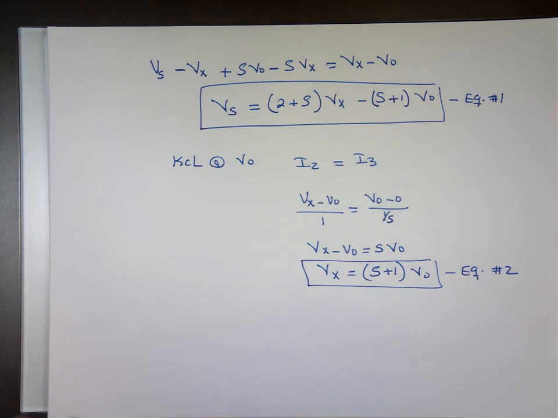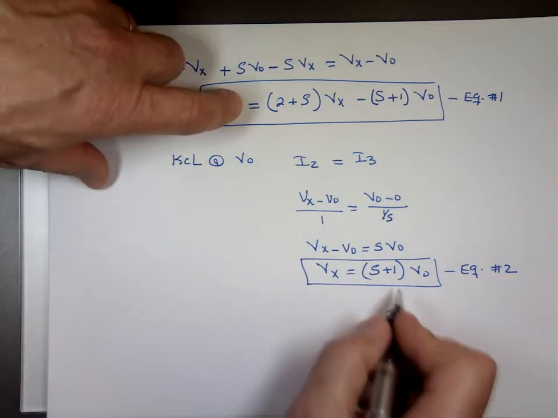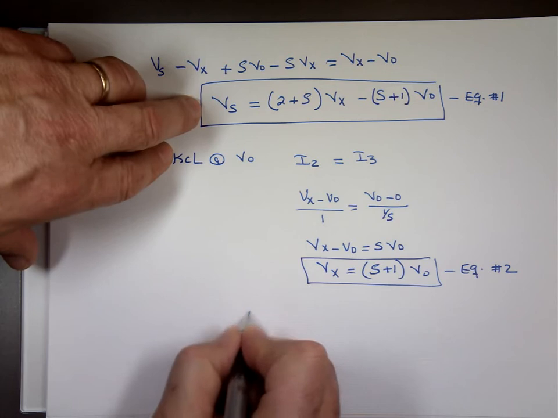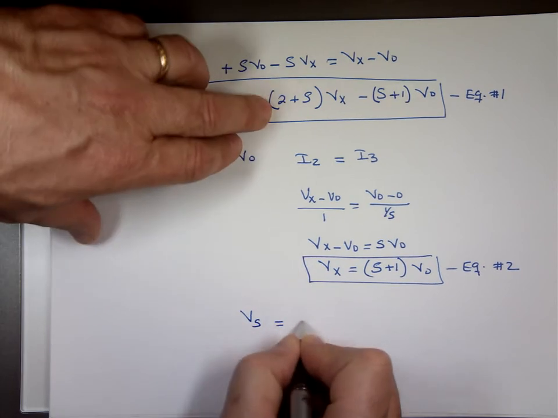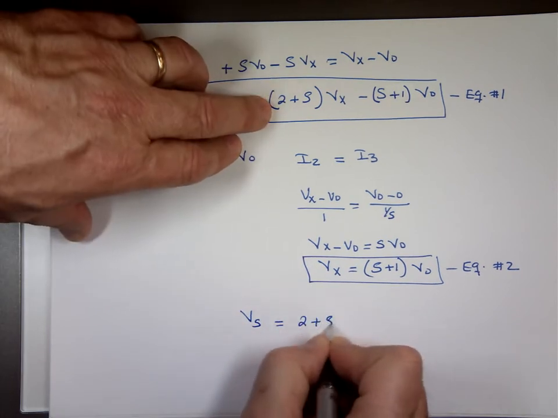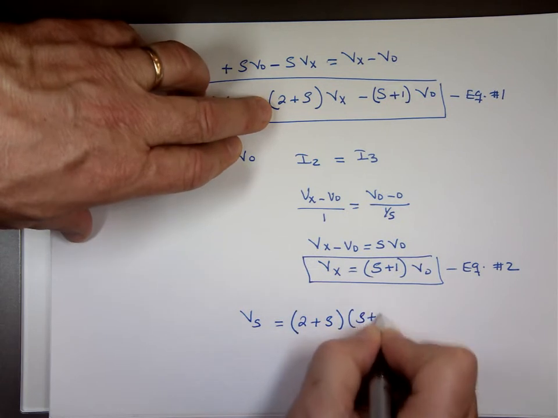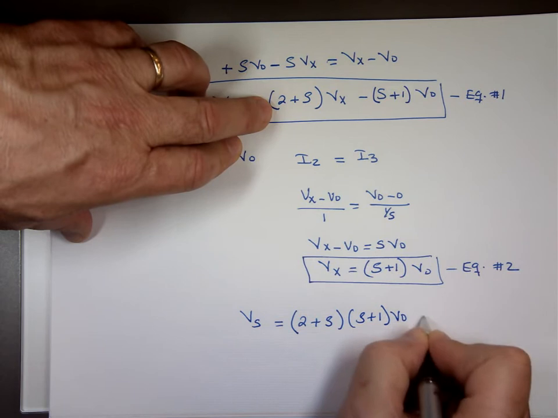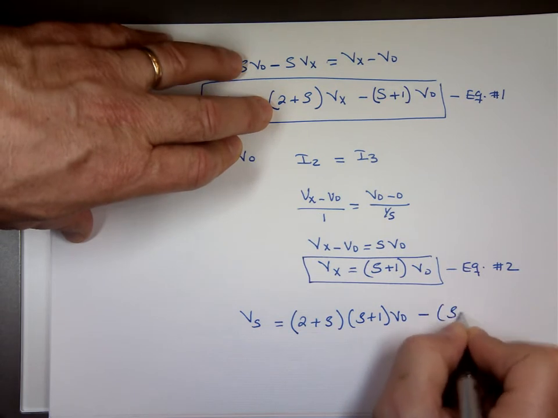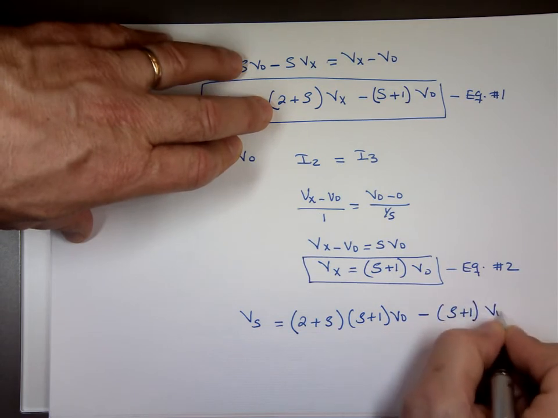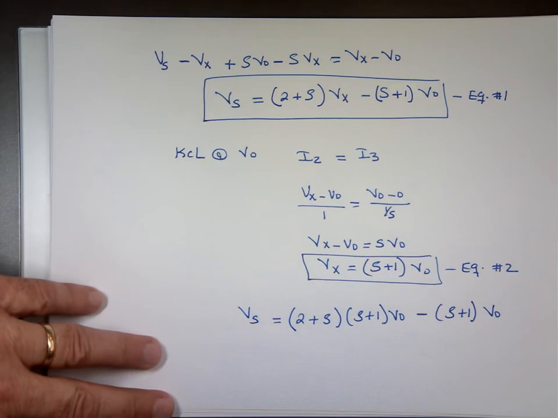So let's plug it in right here. Vs equals 2 plus S. In place of Vx, let's write S plus 1 V out minus S plus 1 V out. Guess what you're going to have?